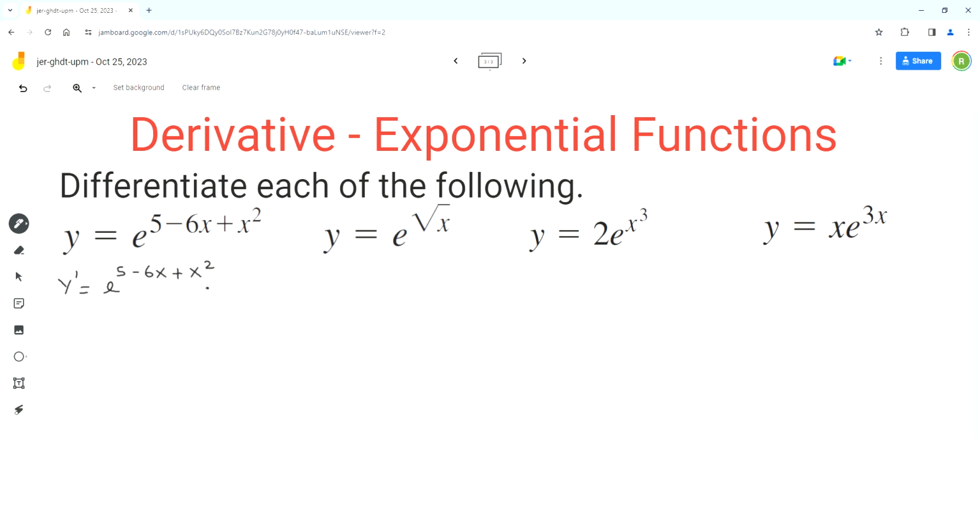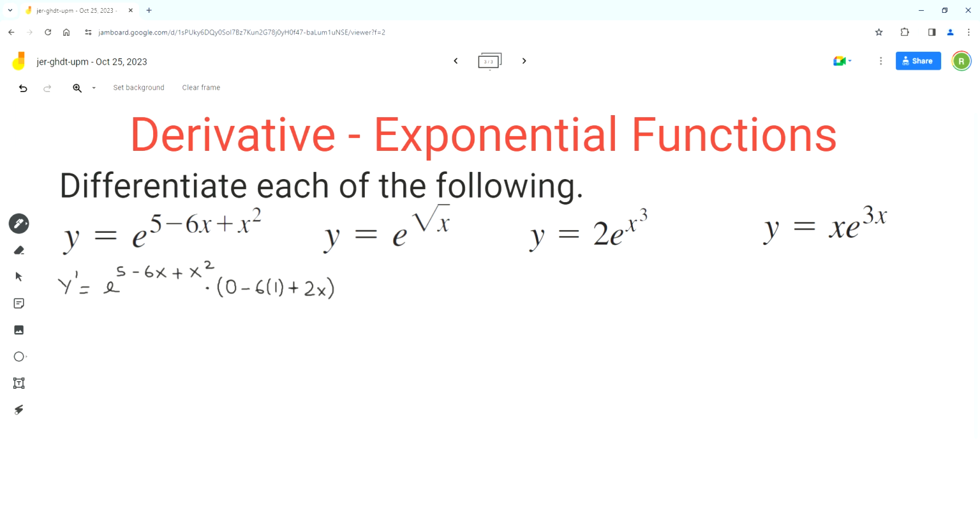So we have to find the derivative of 5 minus 6x plus x squared. Now 5 is a constant, so its derivative is equal to 0. Now in the term 6x, 6 is the coefficient, so it will stay as it is, and the derivative of x is 1. And the derivative of x squared is 2x.